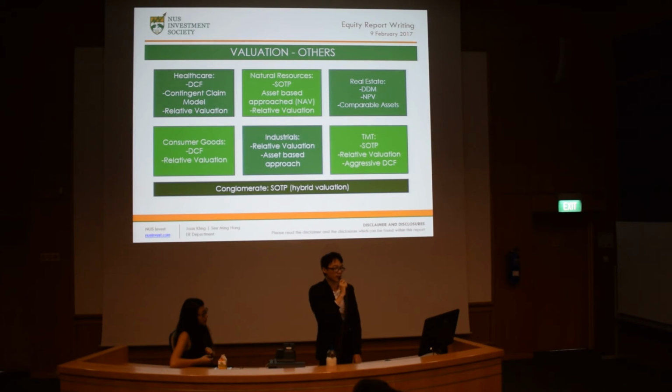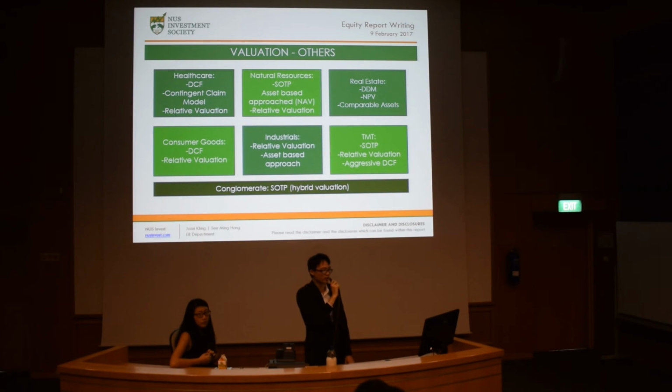So what I mean by SOTP, which stands for sum of the parts valuation, is that you value the business segments individually, then after that sum them up. For example, for Alibaba, it has its main commerce business and its cloud business. So what you need to do is value each of them individually, and sum them up. This will have better accuracy as compared to when you use the DCF valuation.